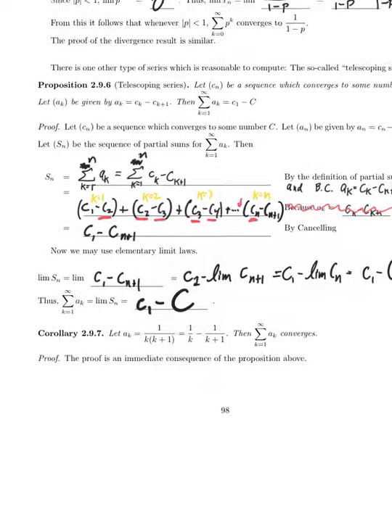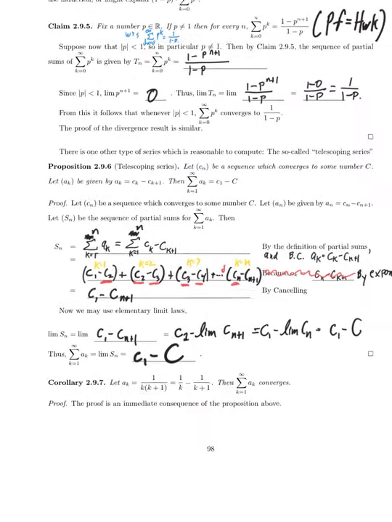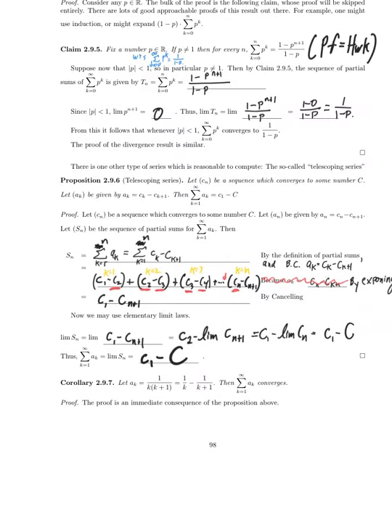So let's scroll up a little bit. I found a sequence cn which converges to some number c, namely c equals 0 in this case. ak is a sequence given by ck minus ck plus 1. Then I conclude that the sum from k equals 1 to infinity of ak is exactly this.